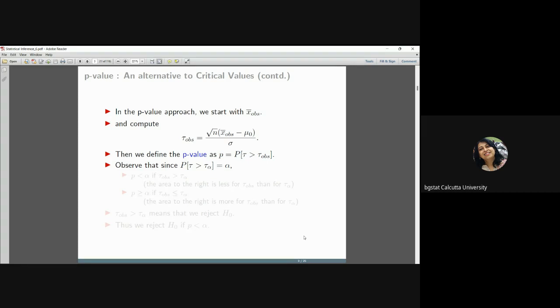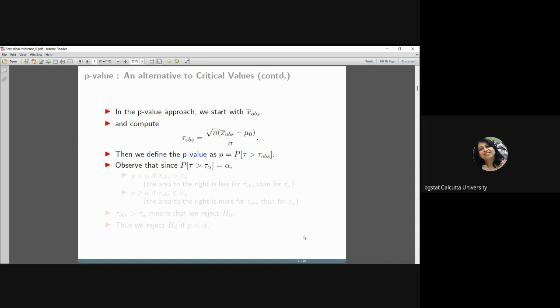So the test statistic is more extreme if it is greater than tau observed. Again, the p-value is the probability of observing whatever value you have observed or a more extreme value, where extreme means it more supports the alternative.